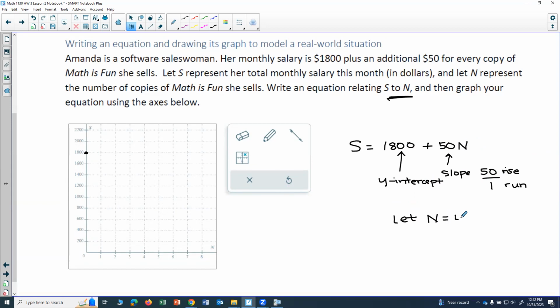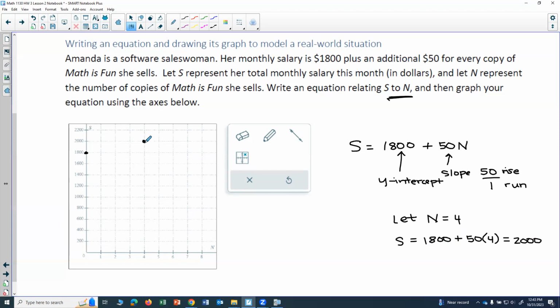If I let N equal 4, then I would have S equals 1,800 plus 50 times 4. And I know 50 times 4 would be 200. So that would give me 2,000. So I'm going to have the point (4, 2,000).